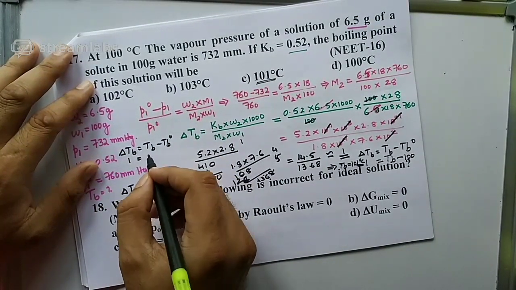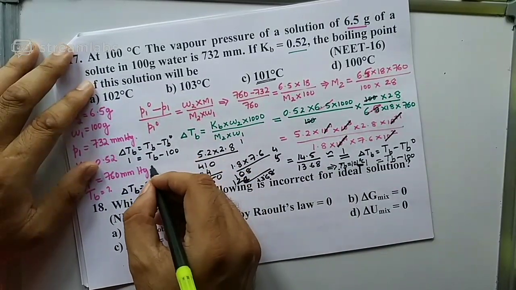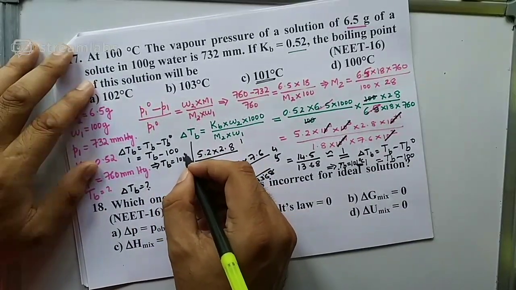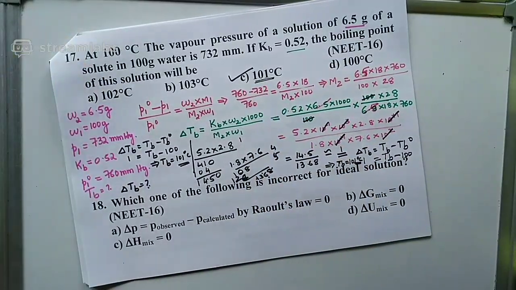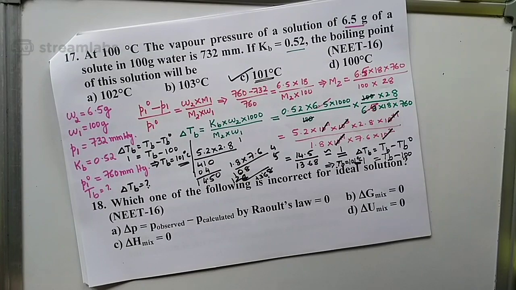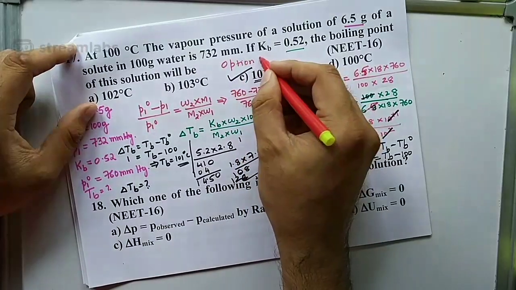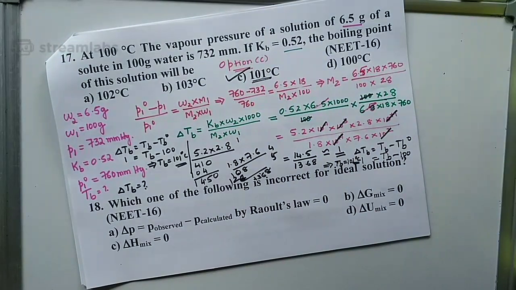This is 1, equal to TB minus 100 degrees Celsius, which implies that TB will be equal to 101 degrees Celsius. So the answer is 101 degrees Celsius. I think this point is clear, students. So what is the answer for the given question? It is option C. Option C is the answer. Is it clear? Just note it down, students.